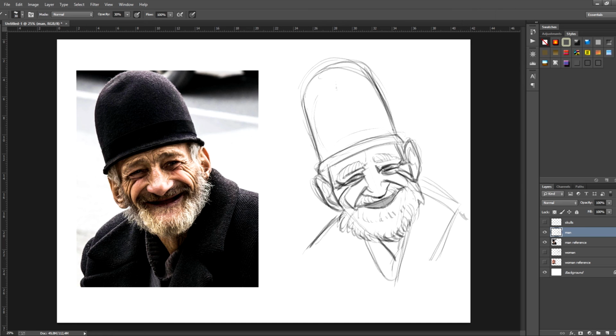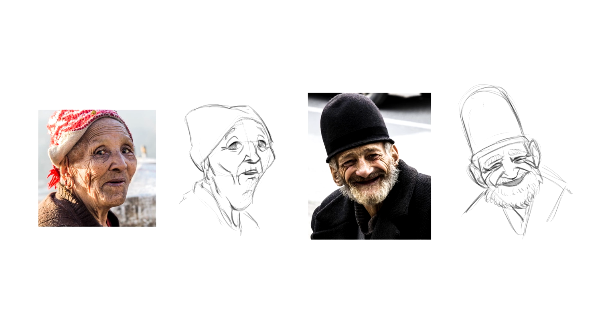And this character is finished. So you've learned from these two faces and the skulls the structure and the lines and wrinkles of an older person's face.